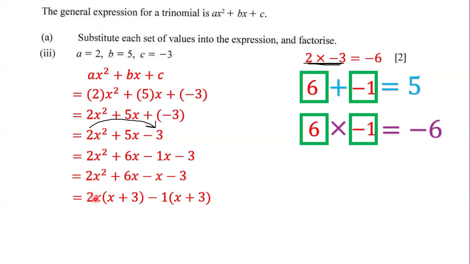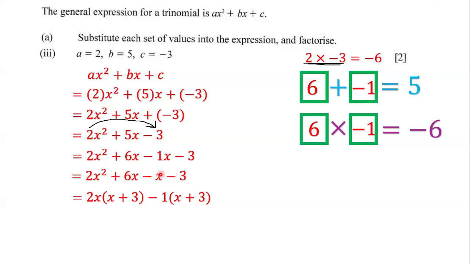So we factor out 2x. And when we factor out 2x, we're left with x plus 3. We know that because 2x times x is 2x squared, and 2x times 3 is 6x. And so we have 2x, open bracket, x plus 3. And this right here is the factored form of this part of the expression.